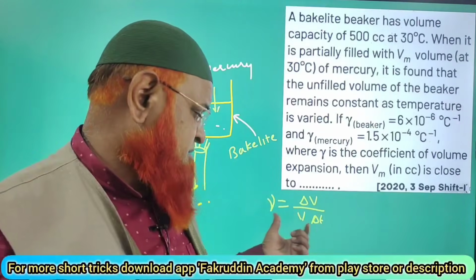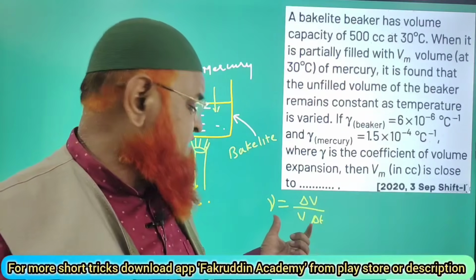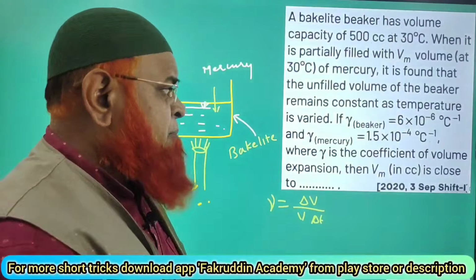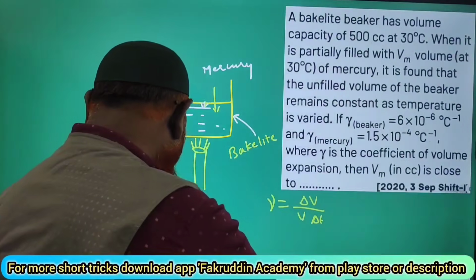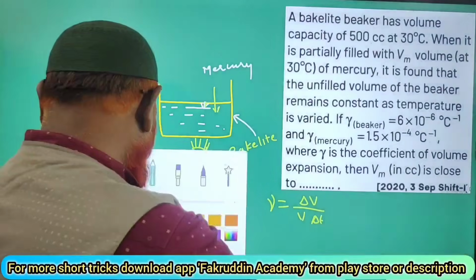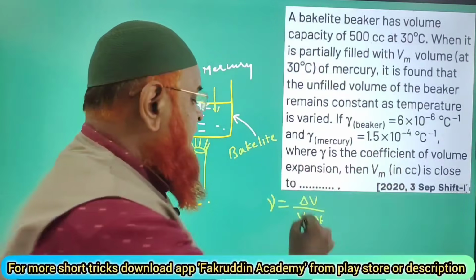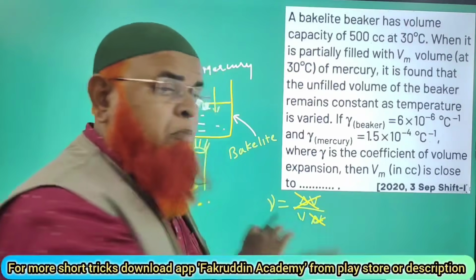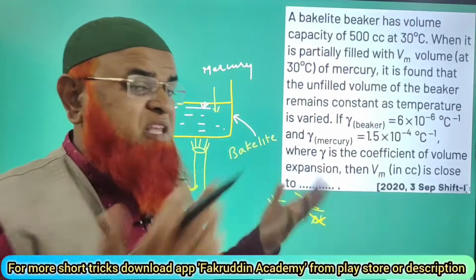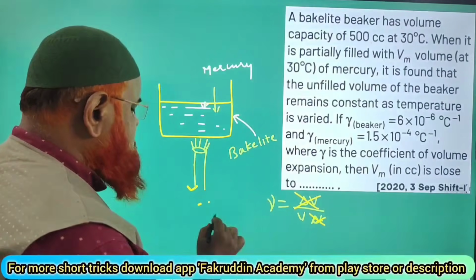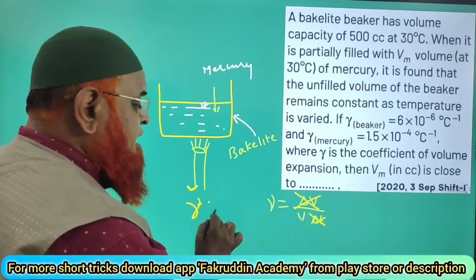Volume coefficient of expansion is equal to increase in the volume by actual volume into rise in temperature. But increase in the volume and rise in temperature are considered to be constant, because both are equally increasing. Then only the relation regarding gamma remains.